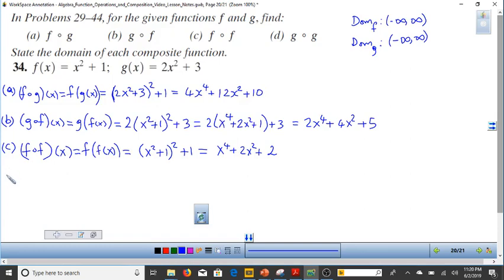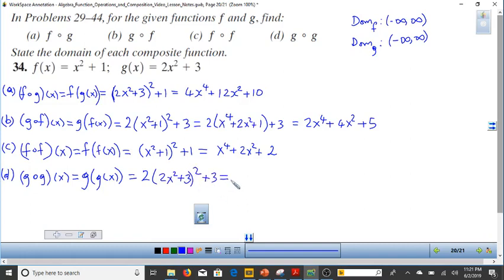And then finally, part D, g of g of x, which means we're plugging g into itself. That gives us 2 times the quantity 2x squared plus 3, squared, then plus 3.